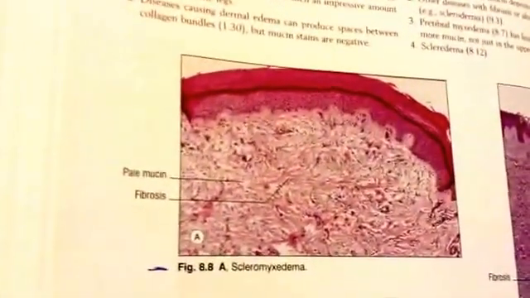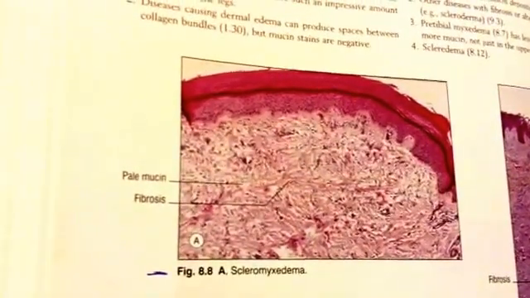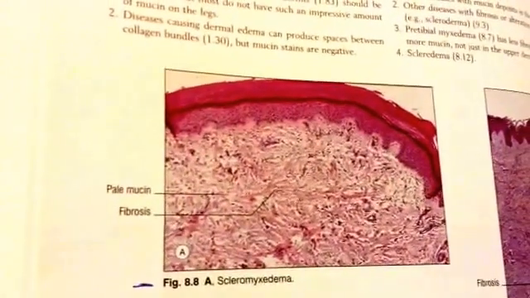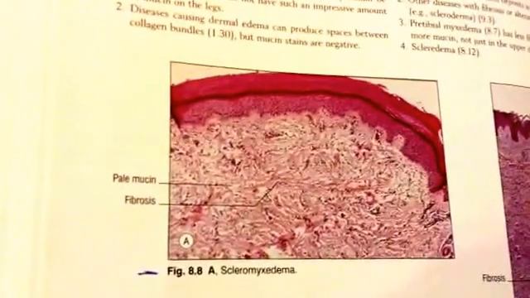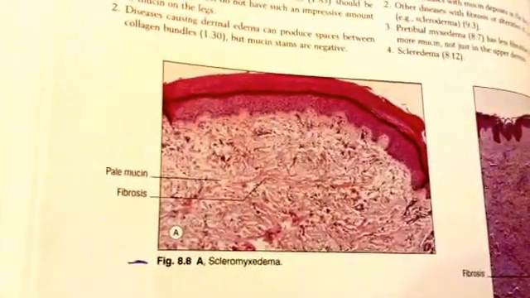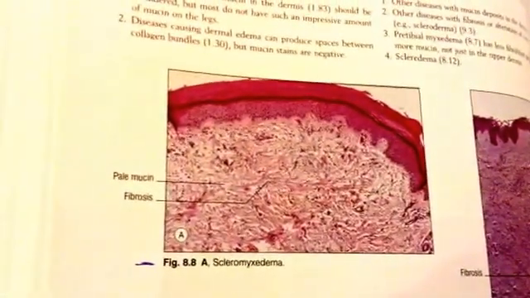And here also, mucin deposits in the middle and deep dermis split the collagen bundles into a loose fibrous network.